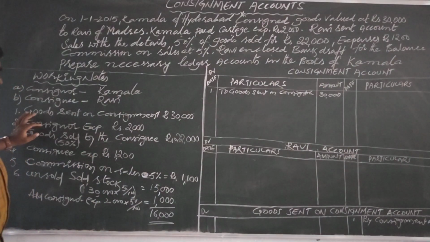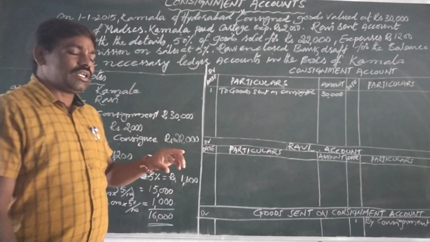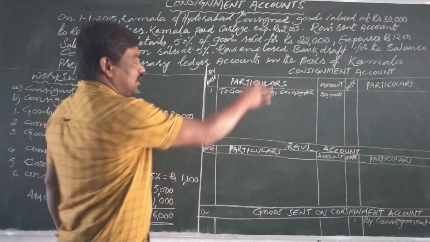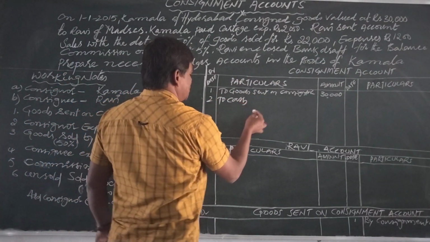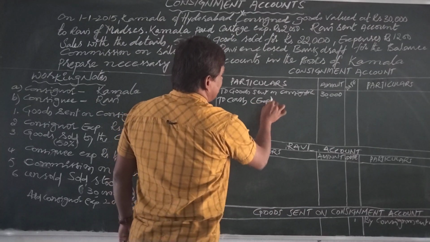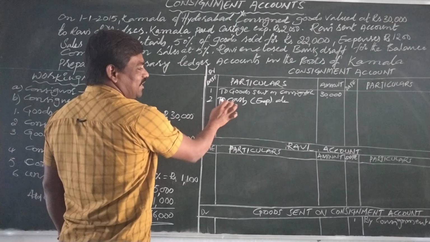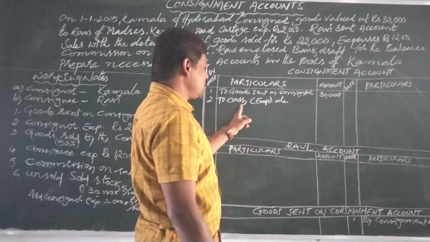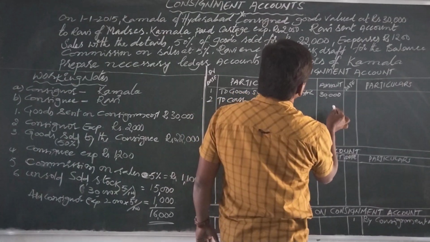And the second one, consignor expenses. For the consignor expenses, the entry in the books of the consignor is consignment account debit to cash account. So in the consignment account, to cash, in brackets expenses. Okay students, whose expenses are they? Consignor expenses. How much amount is spent?